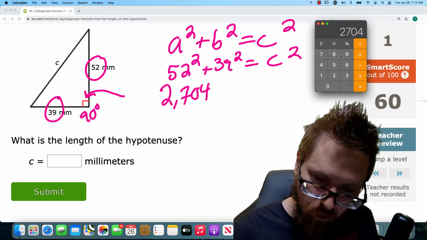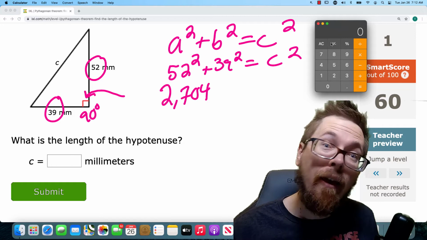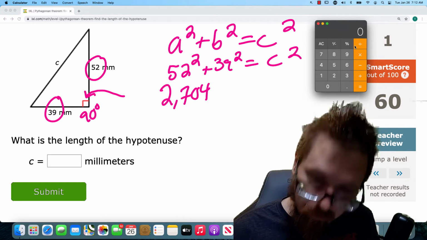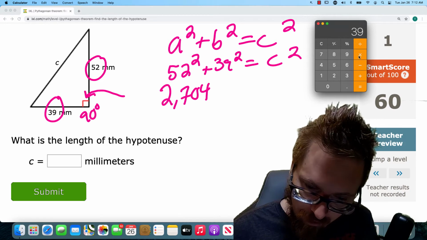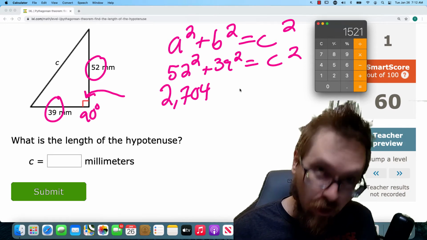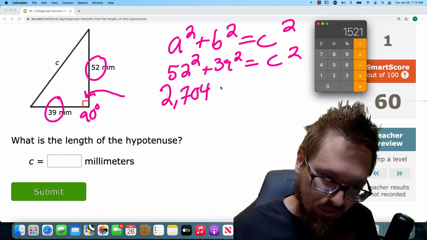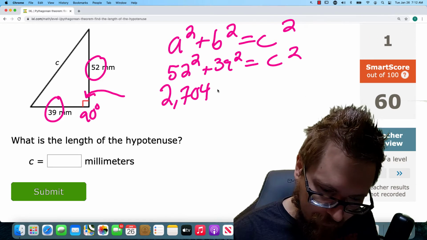So 39 times 39. Oops, I did that wrong. Try that again. Don't go too fast, especially on a calculator. 39 times 39, because it is too easy to make a mistake if you're not careful punching in numbers into the calculator.